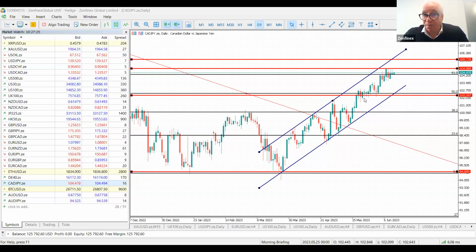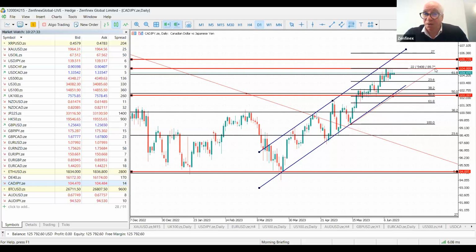So I think it's had a nice move up, and if I draw a fib from the last move up to now, everything is coinciding around this area here. Obviously you've asked me because either you're thinking of getting into a trade or you're already in a trade.